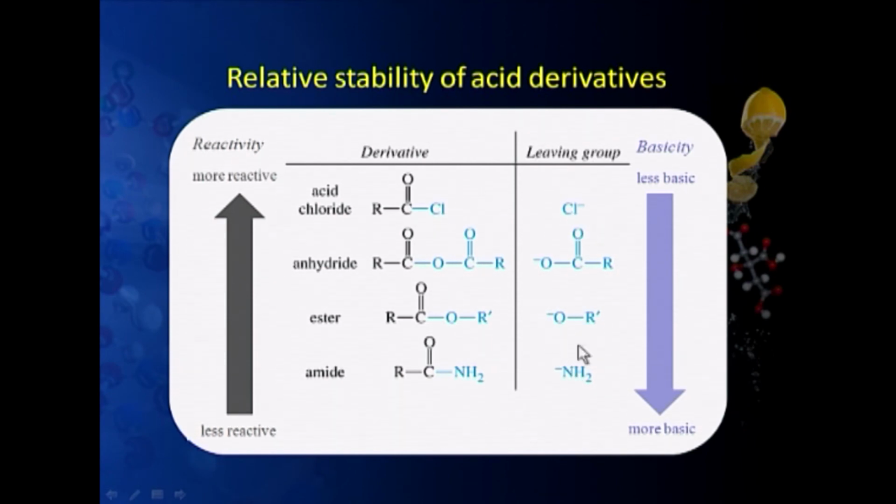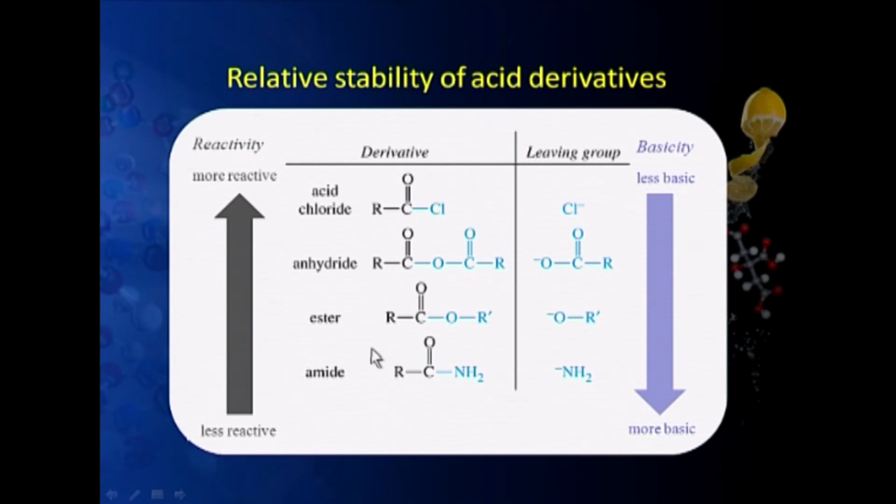So, for these groups, chloride, OCOR group, alkoxide and NH2 amide, their basicity increases. As the basicity increases, the tendency to leave decreases. So, it is difficult to replace NH2 from an amide, but it is very easy to replace Cl from an acid chloride.